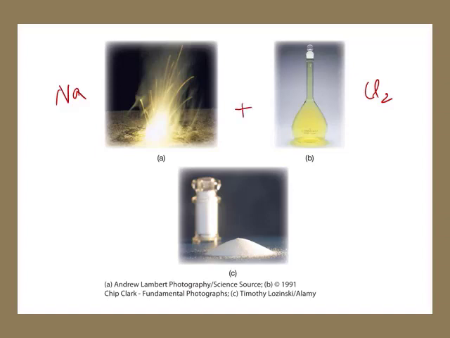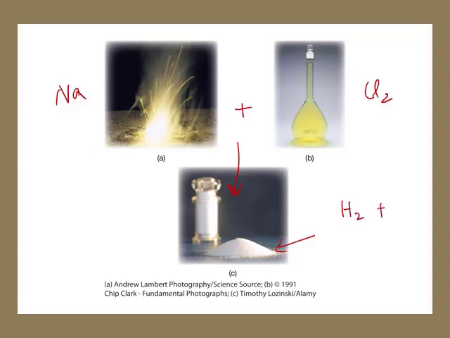However, when they combine with each other, they form sodium chloride, and sodium chloride is an essential nutrient. We need it for performing many bodily functions. So you can see that the properties of sodium chloride are nowhere close to the parent sodium metal and chlorine gas.